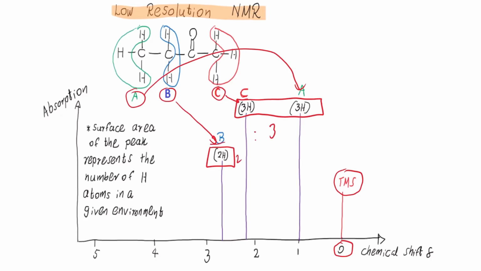Why is that? This one has only 2 hydrogens and this one has 3 hydrogens. The surface area of the peak, or you can simply say the height of the peak, represents the number of hydrogen atoms in the given environment. Alright, now we know that how many types of hydrogen you have tells you the number of peaks, and the height of the peak tells you the number of hydrogens in that environment.